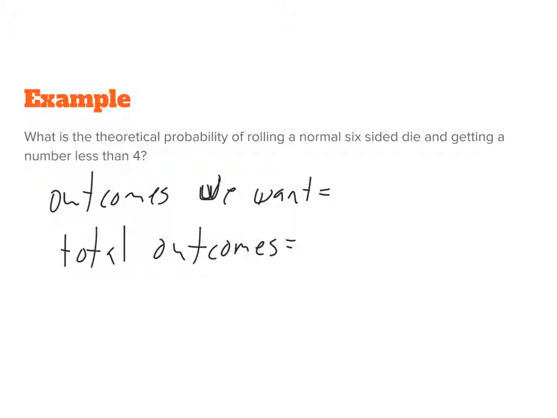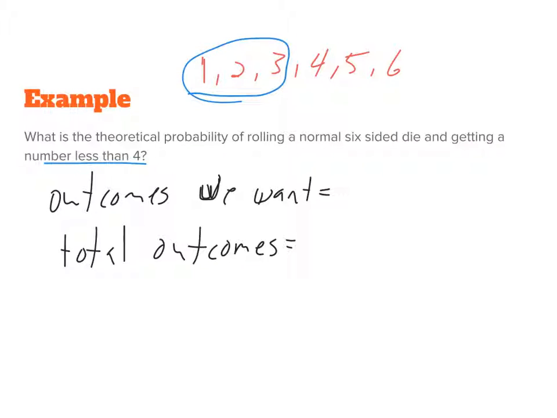What is the theoretical probability of rolling a normal 6-sided die and getting a number less than 4? Well, if you've ever seen a 6-sided die, you get the numbers 1, 2, 3, 4, 5, or 6. So if we want numbers less than 4, that's these 3 right here. So there are 3 different outcomes that we want to happen over the total of 6 that could happen.